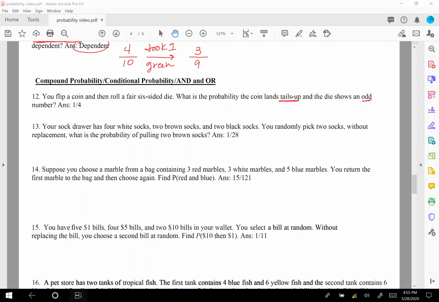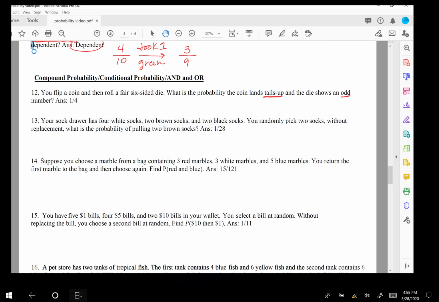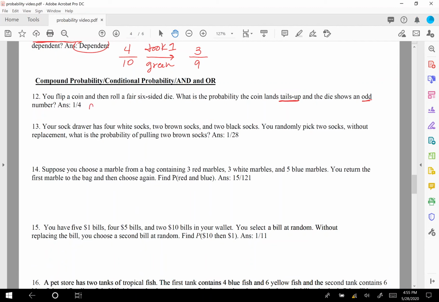For the coin, getting a tails is 1 out of 2, because there's 1 side that's tails out of the 2 sides of the coin. For the die, there are 3 odd numbers out of a total of 6 numbers on that cube. And 3 out of 6 also reduces to 1/2. To find the probability, we do 1/2 times 1/2.